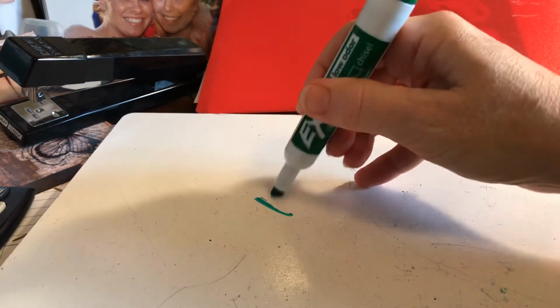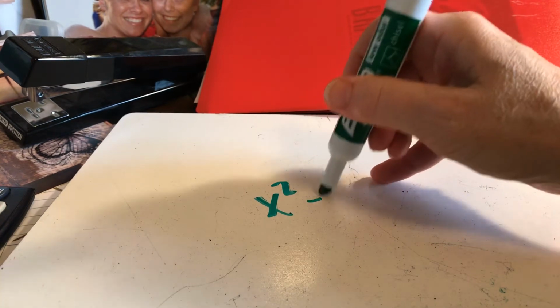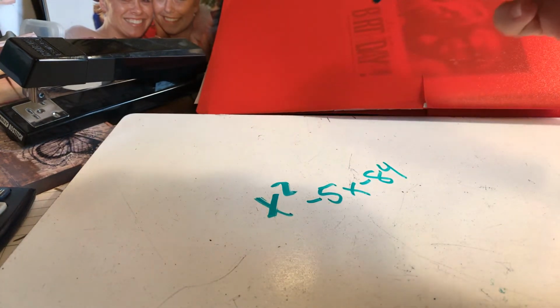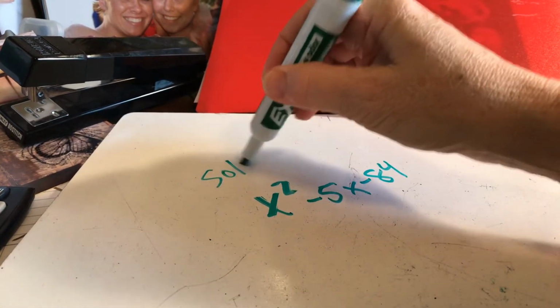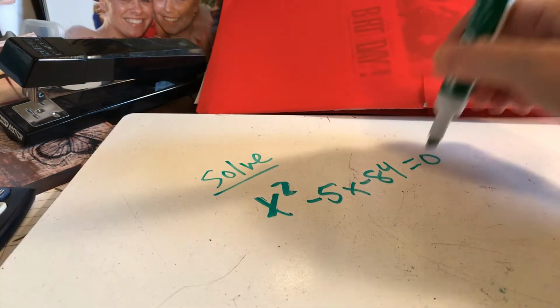Okay. So let's say you have x squared minus 5x minus 84, and the directions say solve. In order to solve it, you need to factor it.